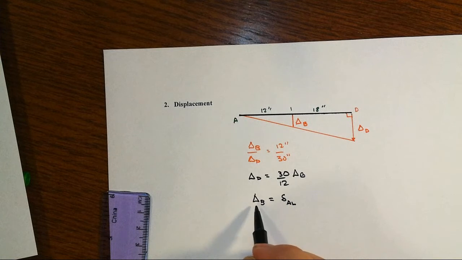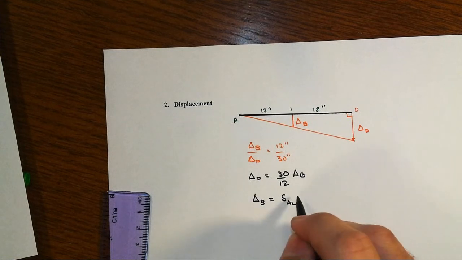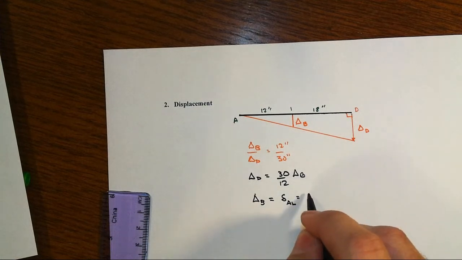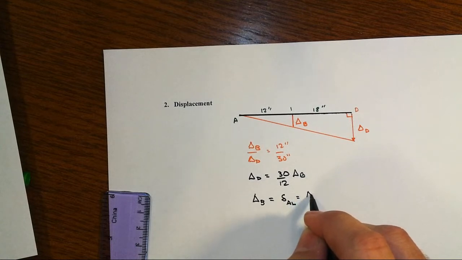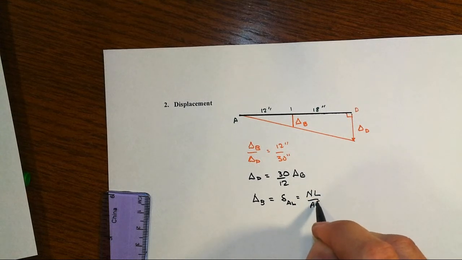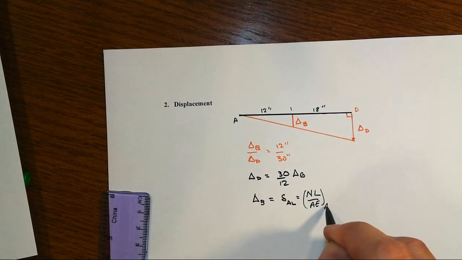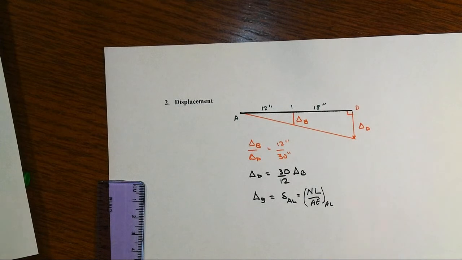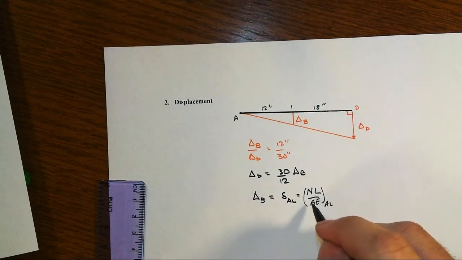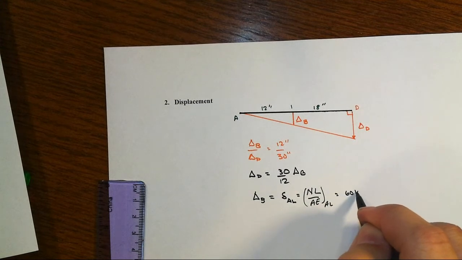Displacement at B is equal to the deformation, in this case of the aluminum rod, and the model for a centrically loaded prismatic member with constant cross-sectional area and properties is that that's NL over AE for that member. Right? Now, we actually already know what the stress is. That was N over A, that stress, so that's 60 ksi.